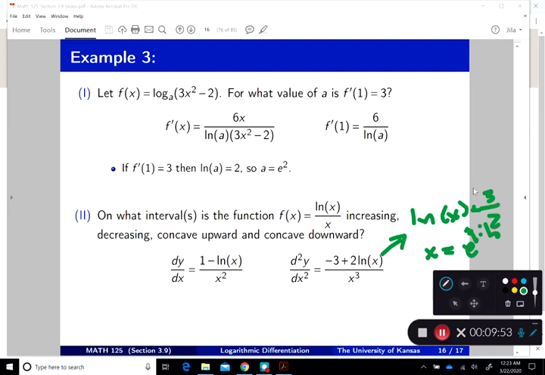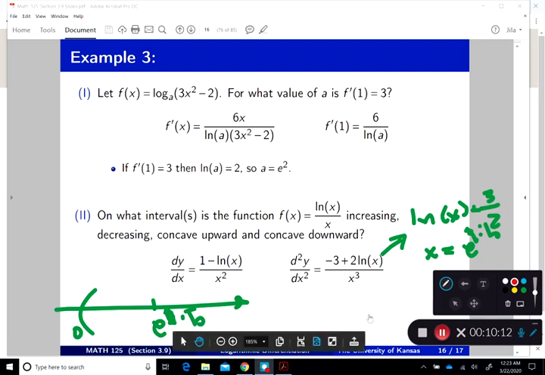And then I'm putting it all on a number line. It starts at 0, and then I have e to the power 1.5, and then using that I have to find some test points, and a test point again, 1 is a good number over here. I see when I plug in 1 I get a negative value, and here I can choose, let's say, e to the power 2.